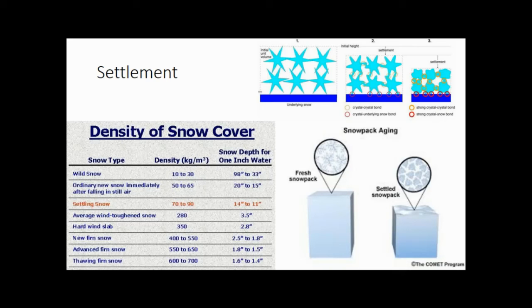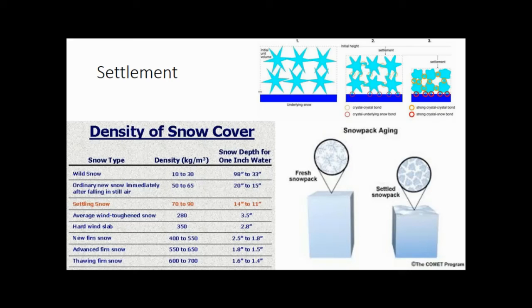But the average wind toughened snow is 200 to 300 kg per cubic meter. Firn snow, névé, so a snow that melts and freezes, that we see during the summer, we call névé, can get up to 700, and glacial ice is 850 kg per cubic meter. So it's still way less than water.